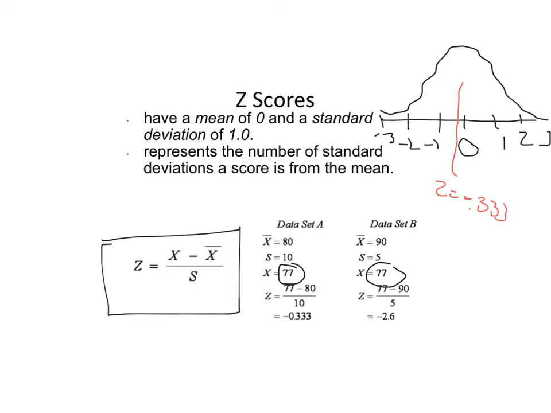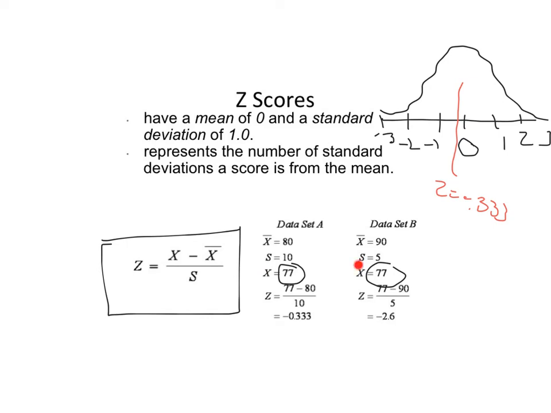The other student got a 77 as well. So their x values are the exact same, but we can see their actual class tests were not the same at all. The mean on this test was a 90, where the mean on this test was an 80. So this test was much harder. The standard deviation, or the variability, was very small for this test, where the variability for this test was much larger.